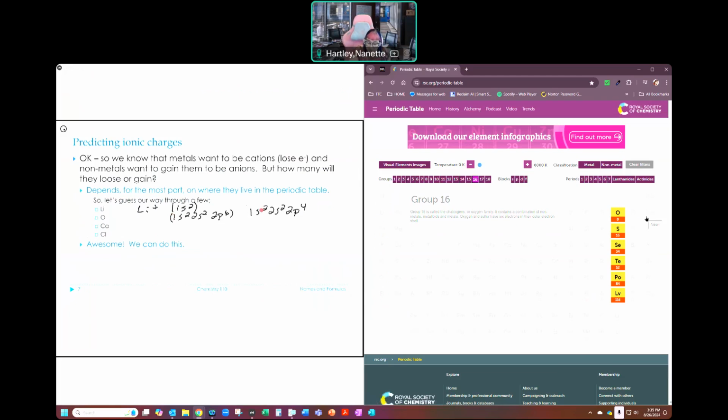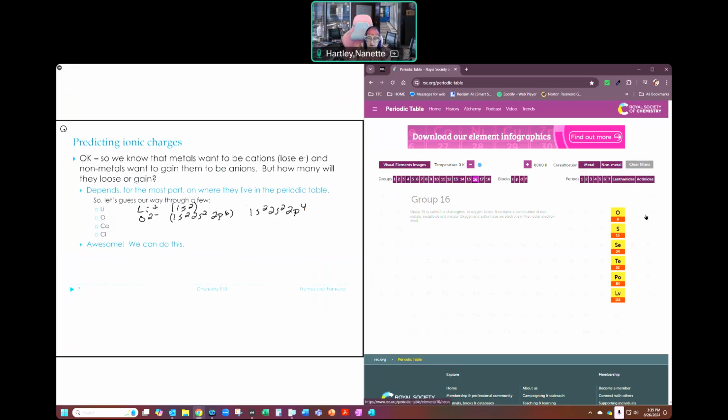Okay? So 2, 4, 8 total electrons. If he gains 2 more, he'll then be 10. So he gains 2, that means he's an O2 minus. Gain of 2 electrons, O2 minus. Okay? So that's that guy.